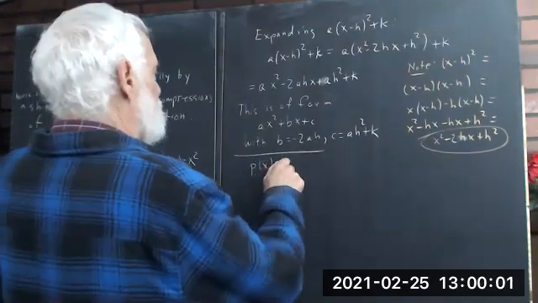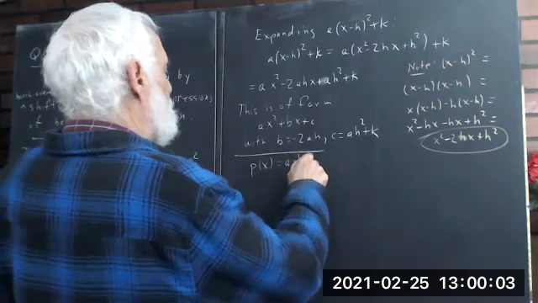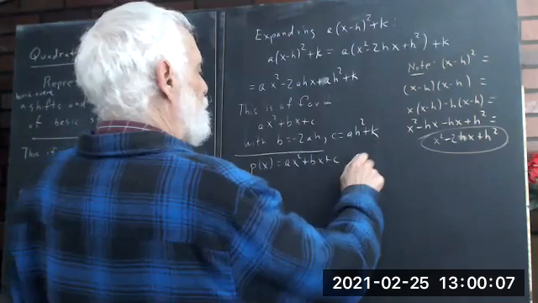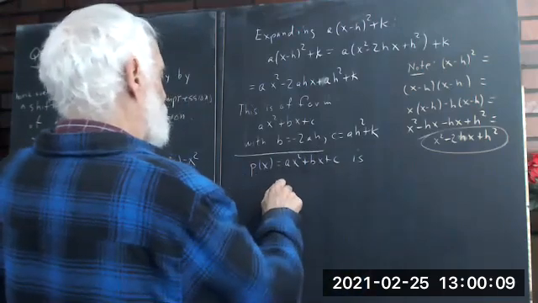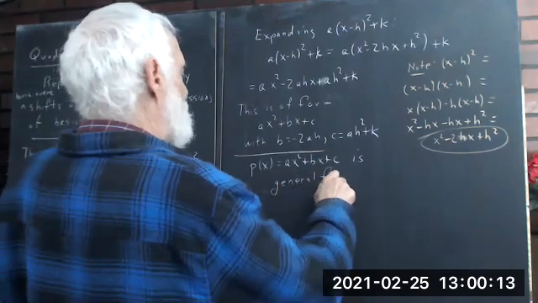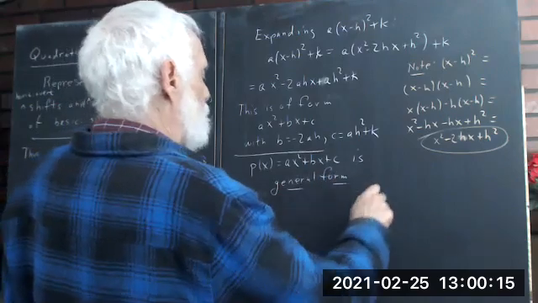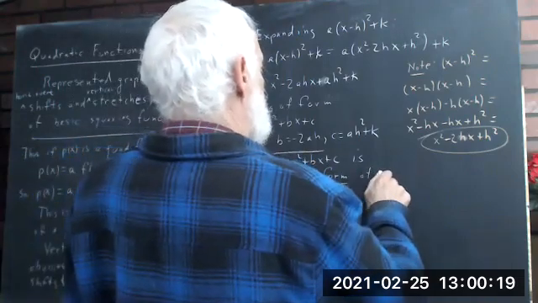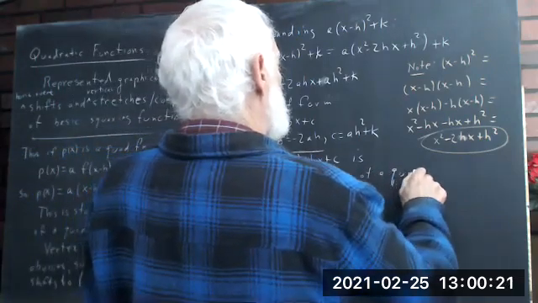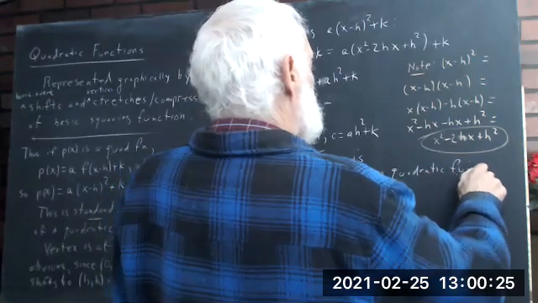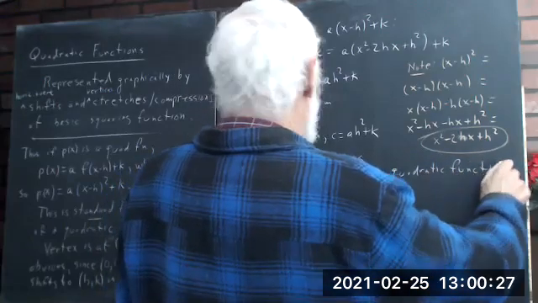So p of x equal ax squared plus bx plus c is what we call the general form of a quadratic function.